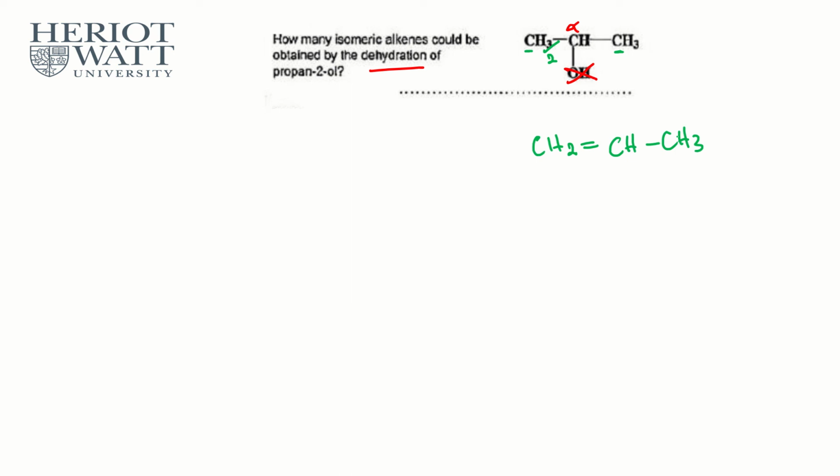Of course, the OH is gone, plus H2O as a byproduct. So this is the alkene. If I remove from the other CH3, it will result in the same product, because if you flip the molecule, they are exactly the same. So how many isomeric alkenes, how many different structures of alkenes could be obtained from this? Your answer is 1, right? Unless you have an asymmetrical structure. You can remove the hydrogen from different carbons and that leads to different structures, then yes, you may get more than 1 alkene.